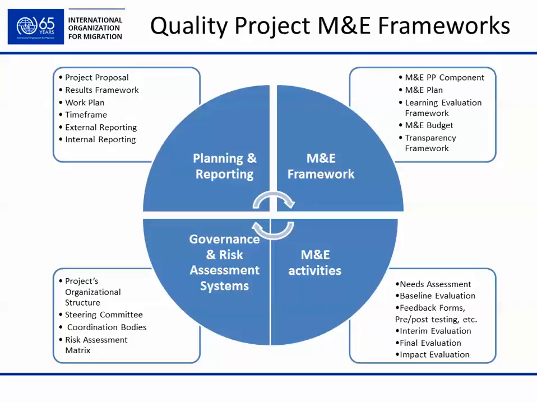Governance and risk assessment system includes a clear project organizational structure, working steering committees or coordination bodies, risk assessment systems through a risk assessment matrix. In terms of M&E framework, we have M&E project proposal component, M&E plan, learning evaluation framework, M&E budget, and transparency framework.